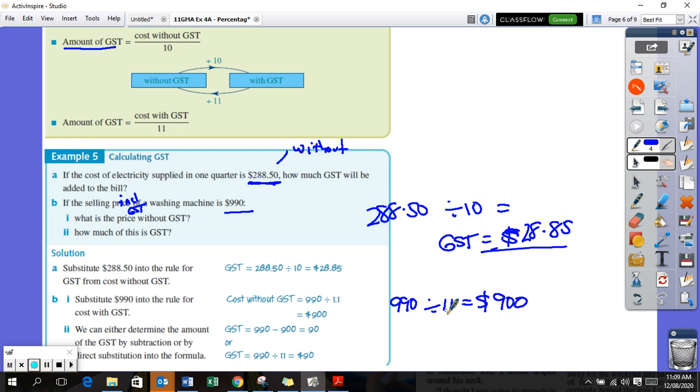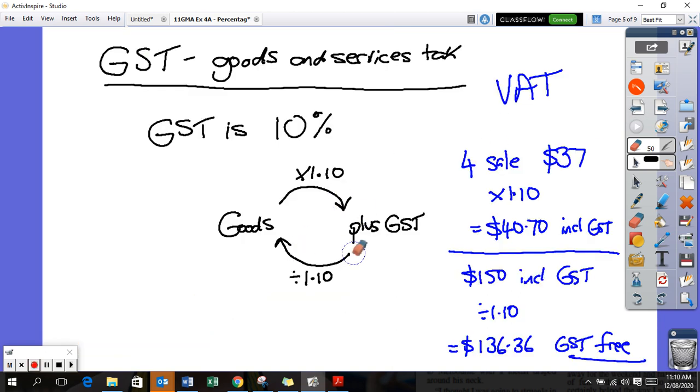Sorry, we're dividing by 1.1 because what we're doing, let's just go back and check that example. So what we're doing is working out the price without GST. So we're going back to what we did here, dividing by 1.1.